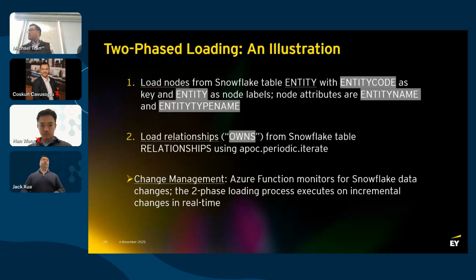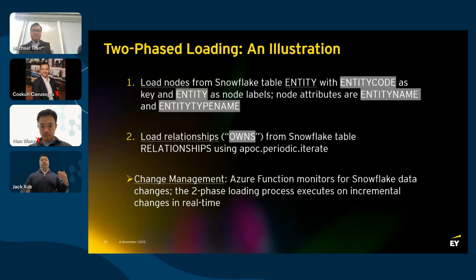Second phase is we take the relationships between those entities, those nodes, and then we also load them into Neo4j. So what you see on this slide here is a very simplified version.